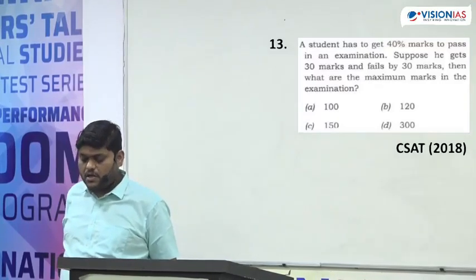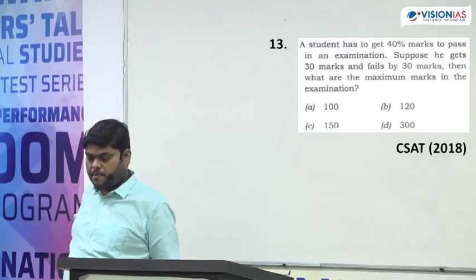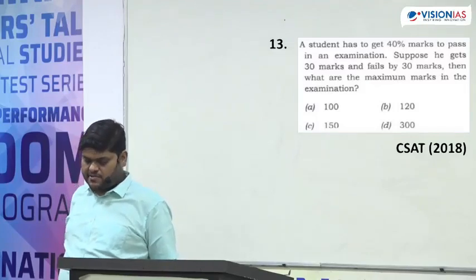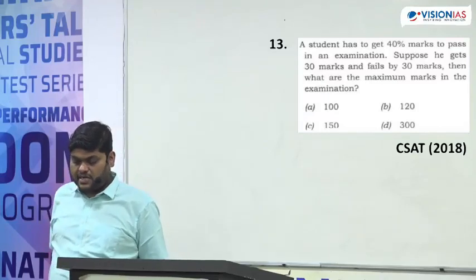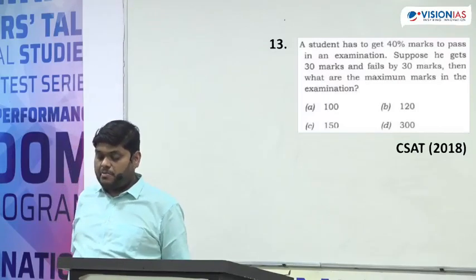Suppose he gets 30 marks and fails by 30 marks. That means he is getting 30 marks and failing by 30 marks. Then what is the maximum marks in the examination?